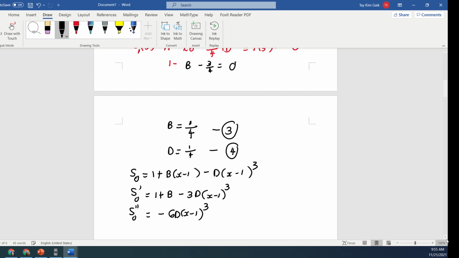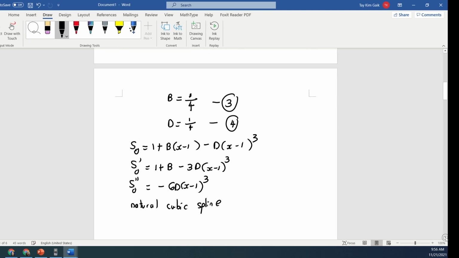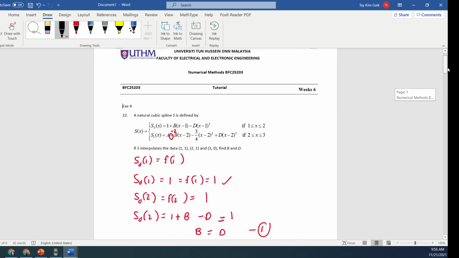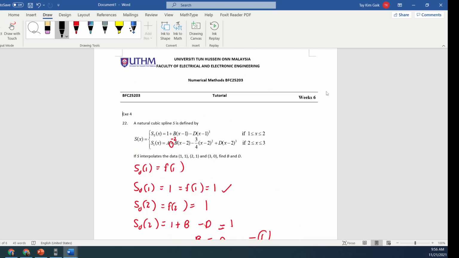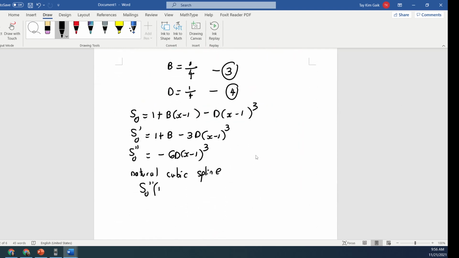For the natural cubic spline, the second derivative at the starting point 1 should be equal to 0.